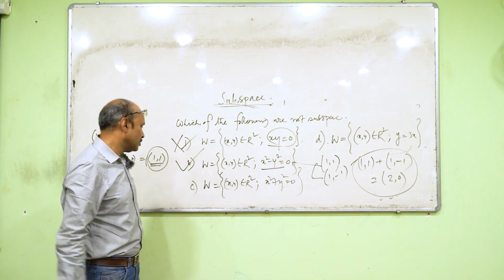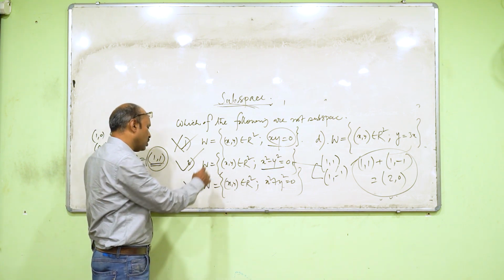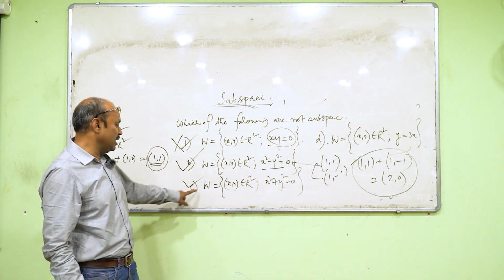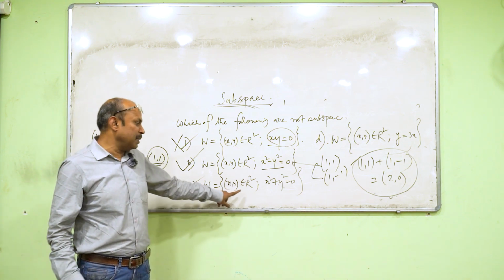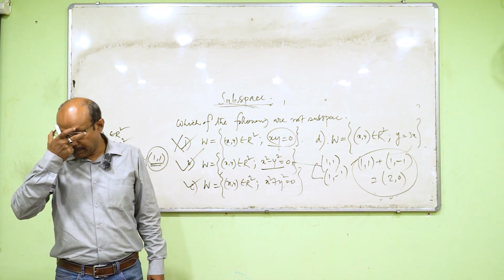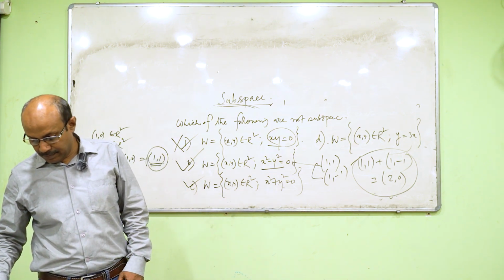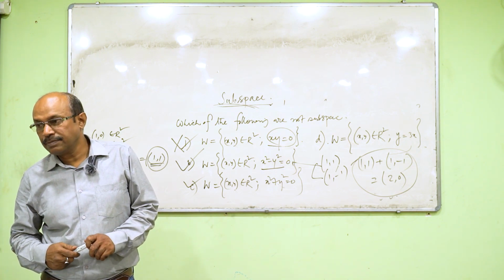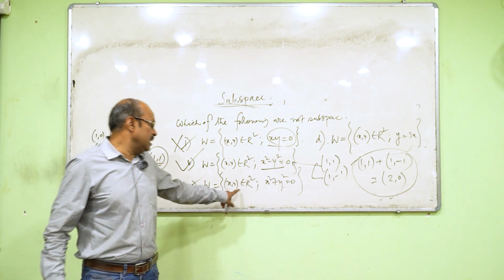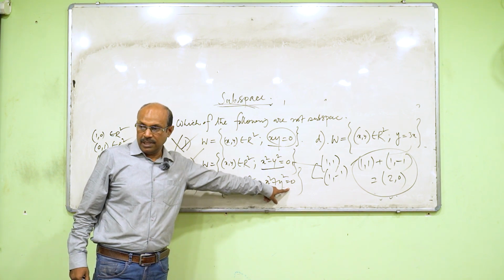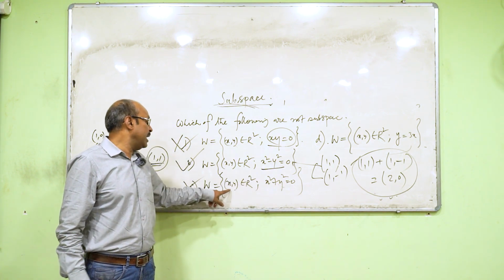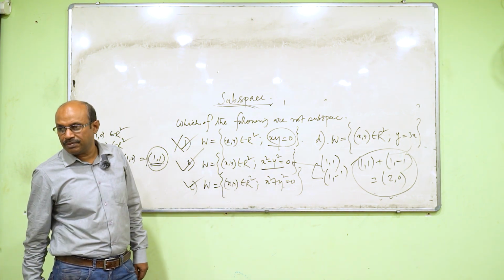Now for capital C, is it a subspace or not? If x squared plus y squared equals 0, it is possible only when x and y are both 0.